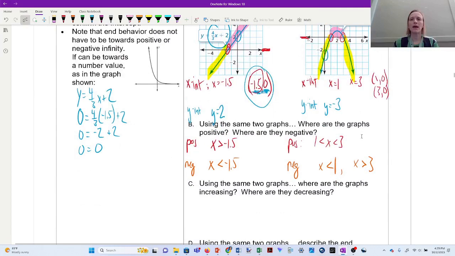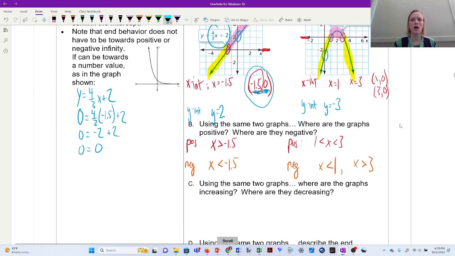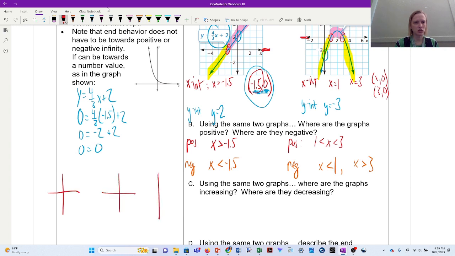So looking back at these graphs here, just as a quick reminder or introduction, we haven't formally learned about slopes yet this year, but I'll just draw a few slopes for you here.